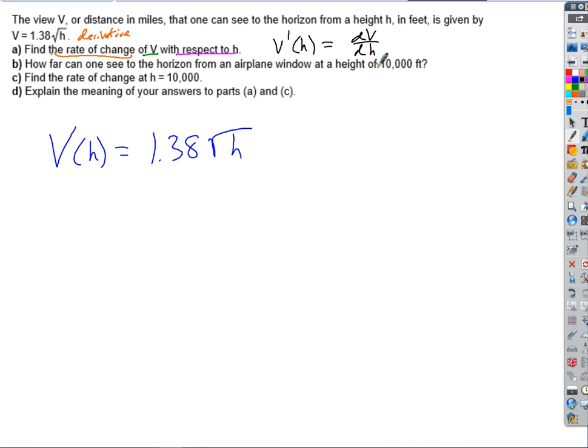So what is v prime of h? 1/2 times 1.38. We'd have to write that as 1.38 times h to the 1/2. Okay, so Joe, tell me now, how am I going to take that derivative? What do I get?